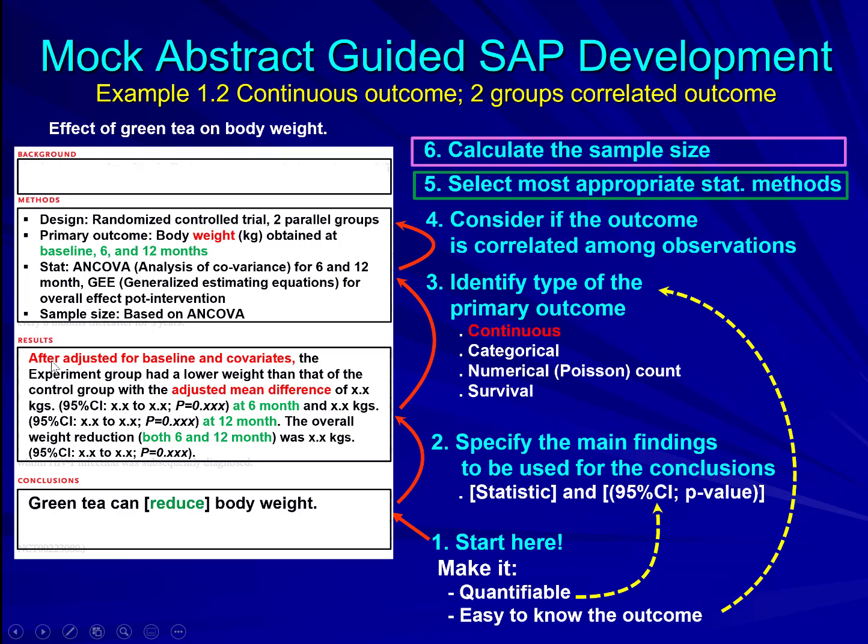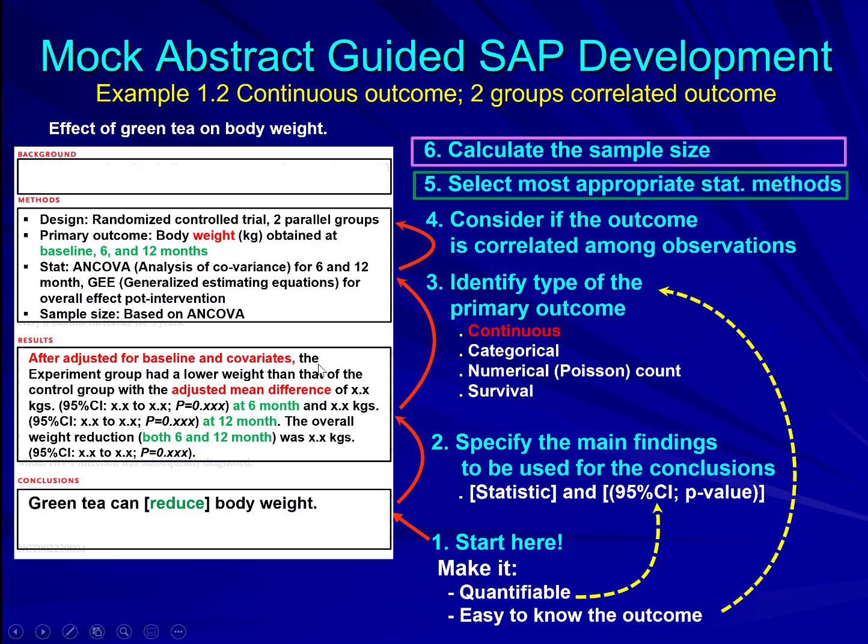And you see, this is an example of presentation, say, after adjusted for baseline and other covariates, whatever, like comorbidity or whatever that could influence weight, which is the outcome, be adjusted for them.